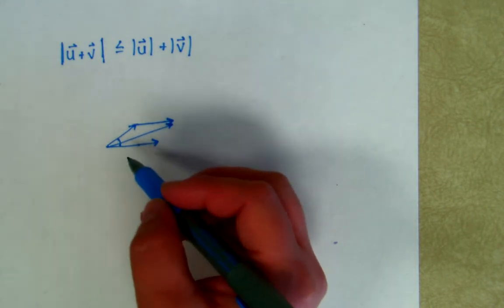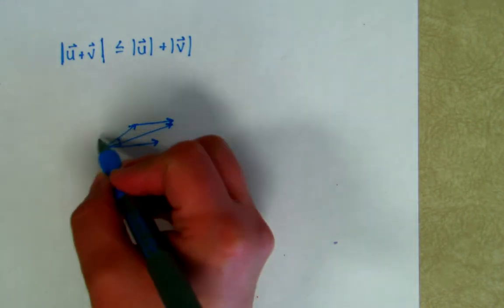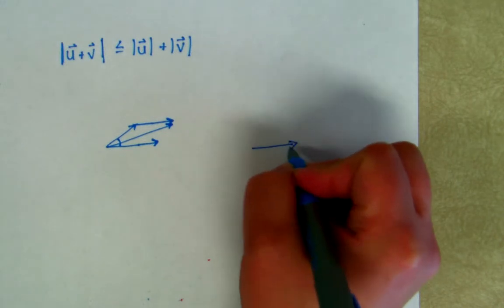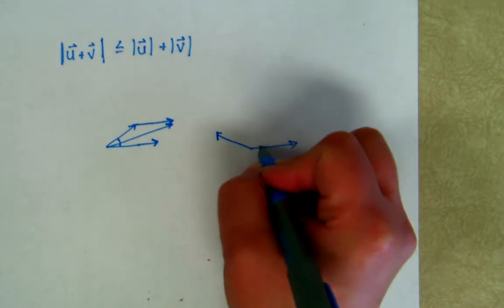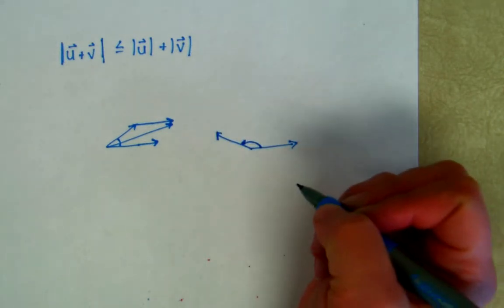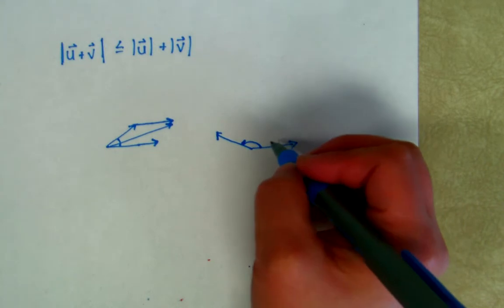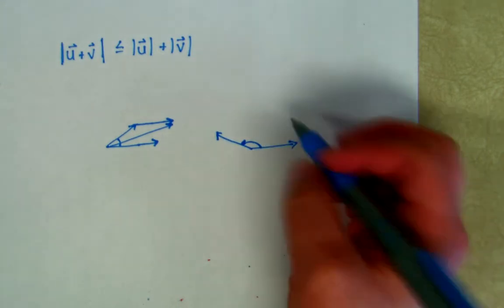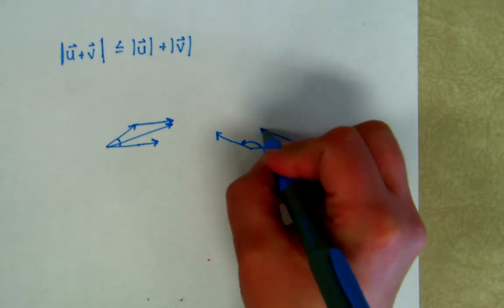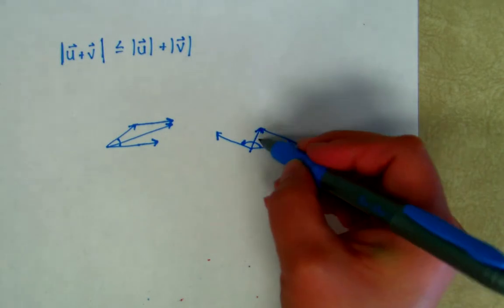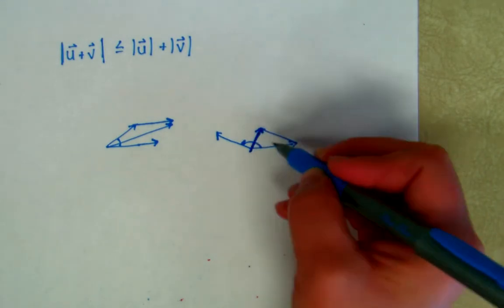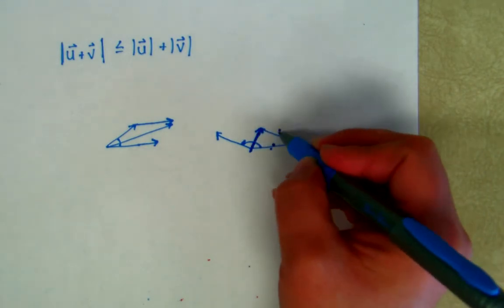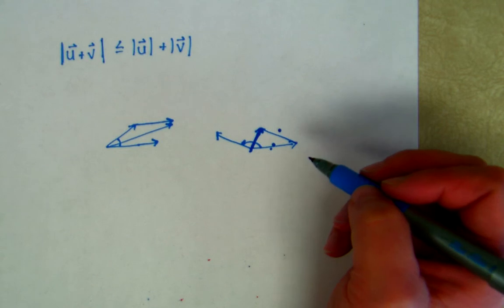Now, I can still work this even if the angle between them is bigger than 90 and closer to 180 degrees. I would still slide them and I'd get my resultant, and the magnitude of this resultant is much less in this case than the two magnitudes added together.